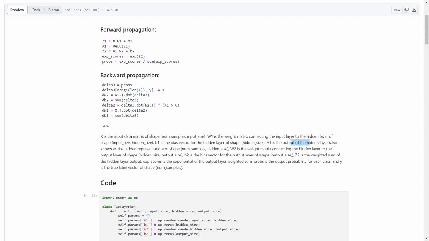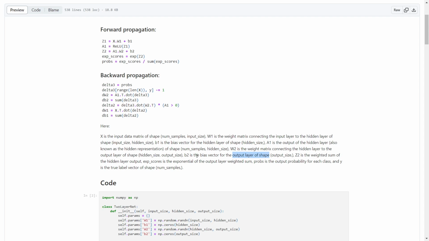Now for delta 3, what we are seeing is the final probability that we got. For calculating dW2, we apply the chain rule, in which we multiply the transpose of a1, the output from the first neuron, by delta 3. So we get dW2, and similarly using delta 3 we get the bias gradient db2.